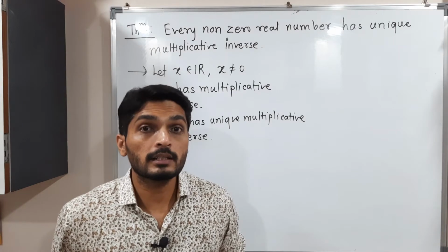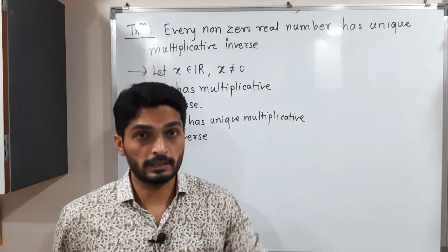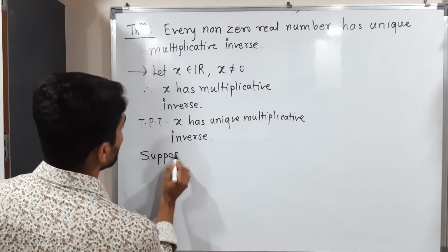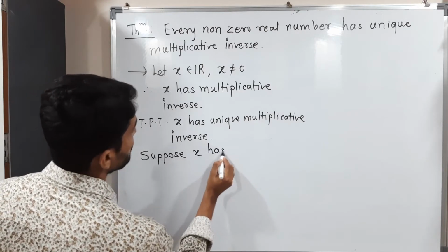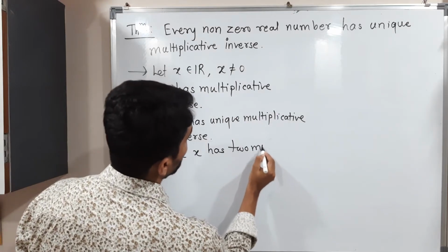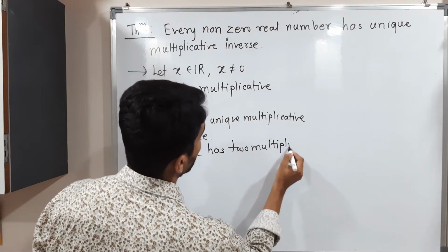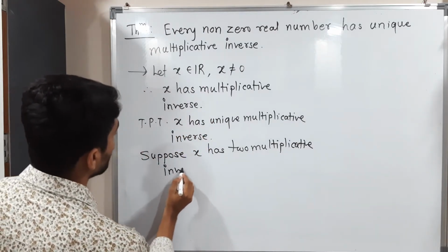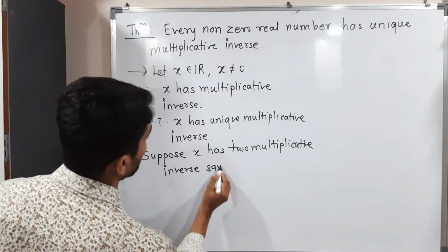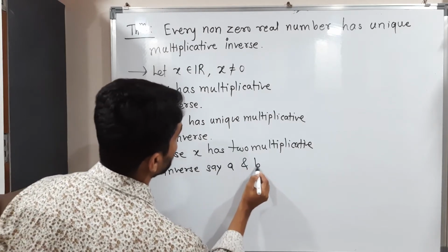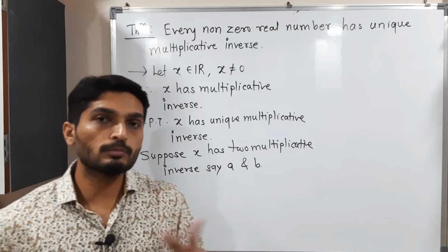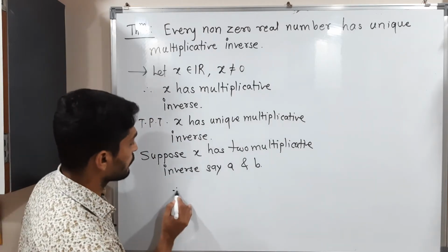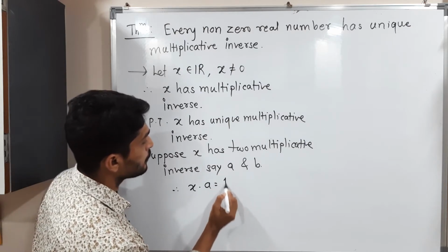Now, I will consider, let it possible, there are two multiplicative inverse. Suppose x has two multiplicative inverse, say A and B. So I am assuming x has two multiplicative inverse, A as well as B. So therefore x into A is equal to 1 since it is inverse.